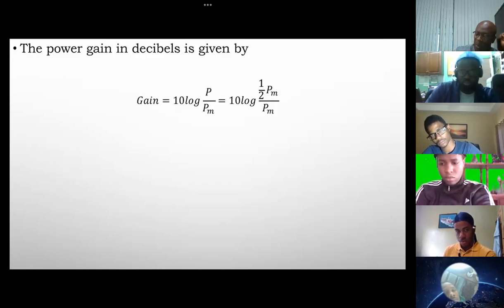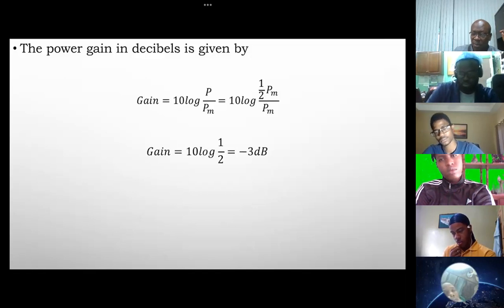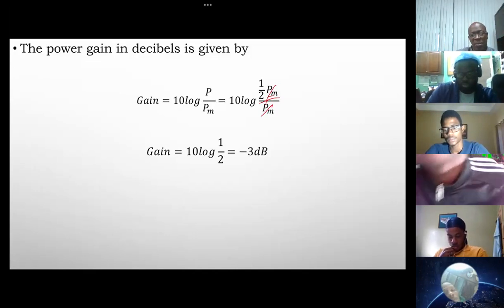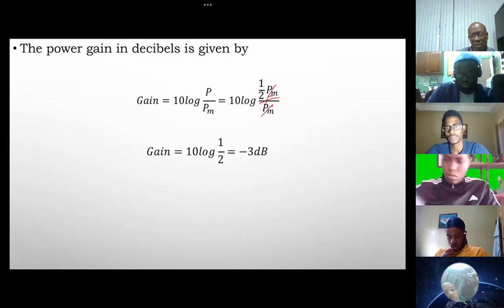So it will be 10 log P over PM, and this is to give the answer in decibels. Since P is equal to half PM, we make that substitution, the PMs will cancel. So we get 10 log a half. Log of a half is minus 0.30 something, and 10 times that gives us minus 3 decibels.